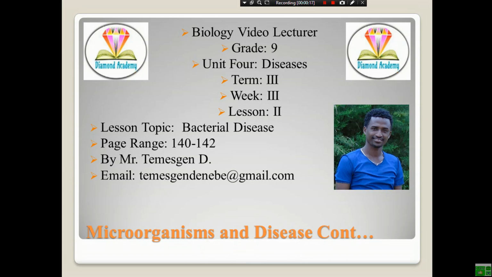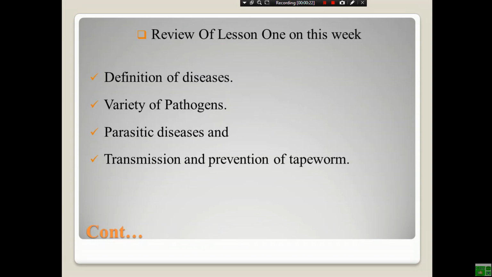In yesterday's class, we discussed in total the term disease, which means the state of abnormal functioning of our body organs due to microbes, but not all diseases are caused by microbes.